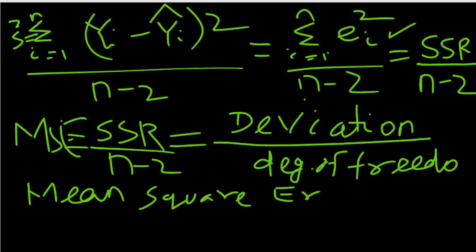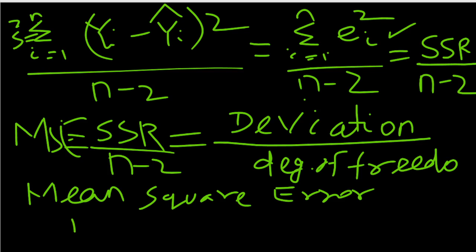So the entire term, SSR or RSS divided by n minus 2, is our mean square error. You can also write MSE equal to sum of squared errors divided by n minus 2, and that gives us the unbiased estimator.